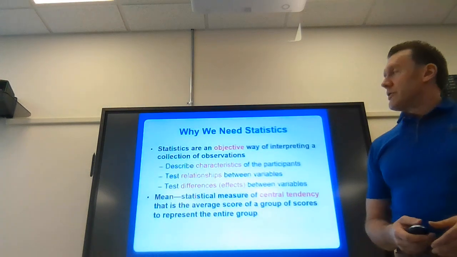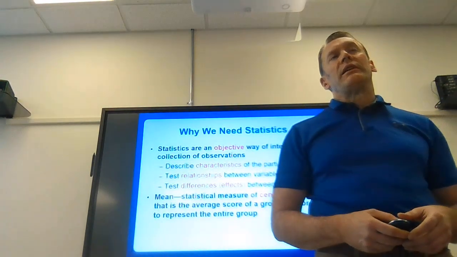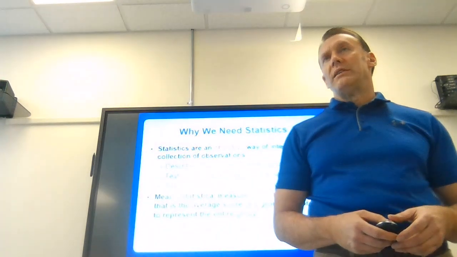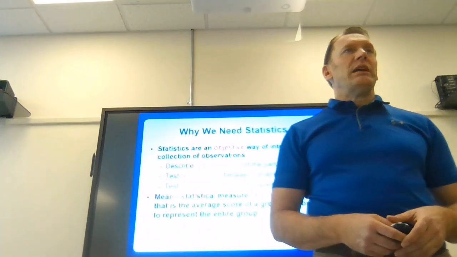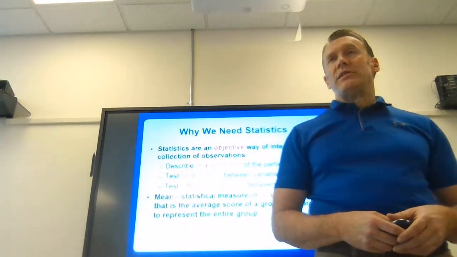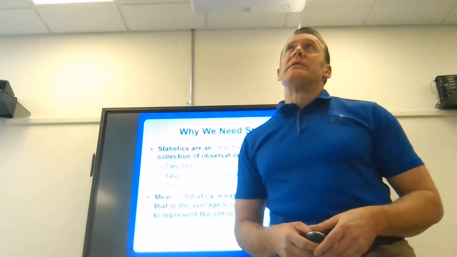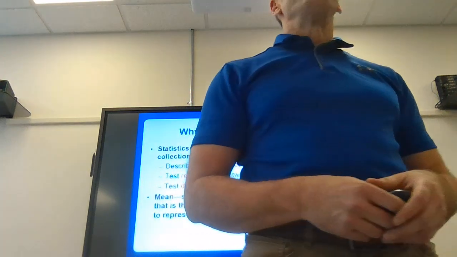So the measures of central tendency are really important. Today we'll go over calculation of what the mean is, sometimes called the average, but also the variability around the mean. You can have a sample that's drawn from a population. Is the mean of the sample going to be the same as the mean of the population?